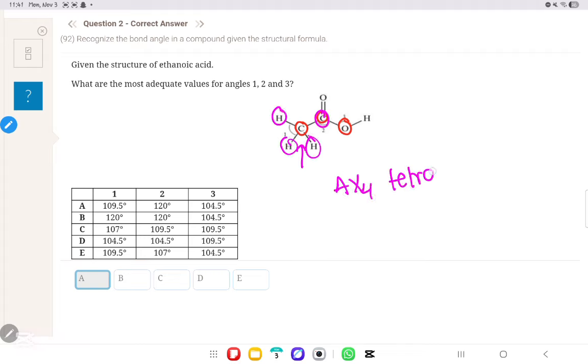AX4 is a tetrahedral. In the tetrahedral, the only angle it has is 109.5 degrees. That means directly we say that for the first angle, it's 109.5. So we eliminate all other possibilities. Now, for the second central atom, which is this carbon over here, it's connected to 1, 2, 3.